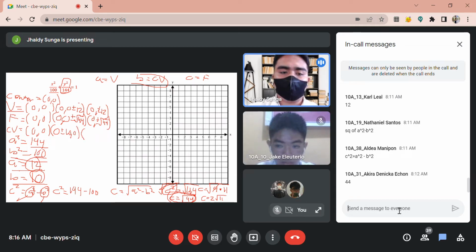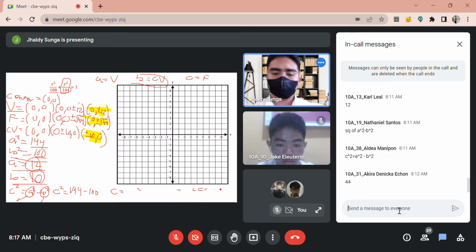So therefore, you could have positive and negative 10, then 0. So this is your coordinate already. Alright, so if you're going to plot this one, let's try to erase this first.